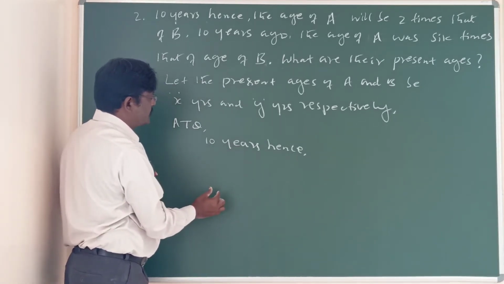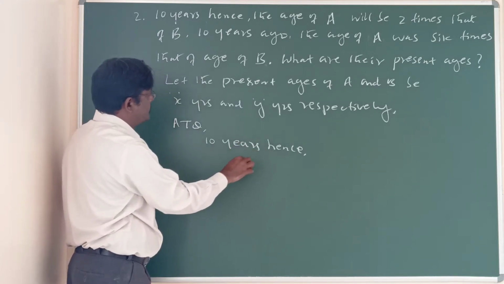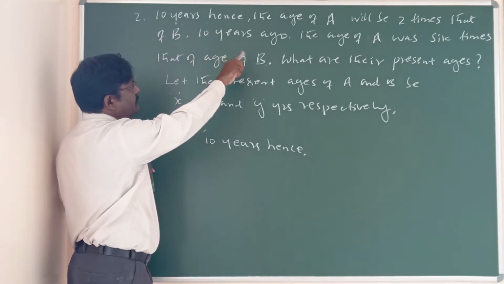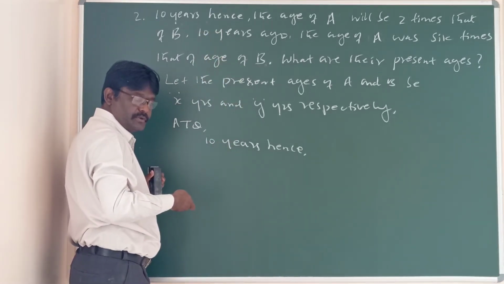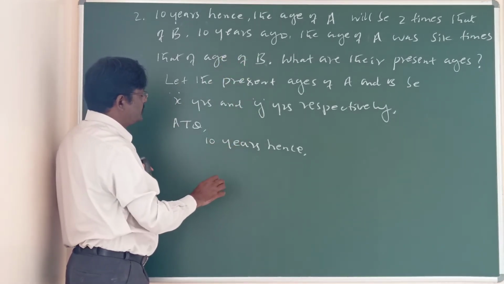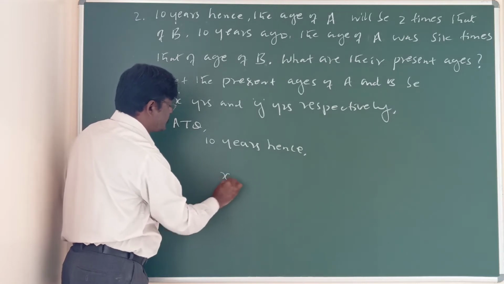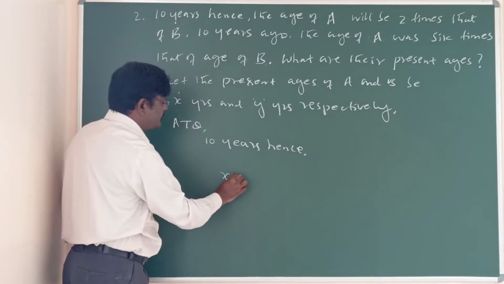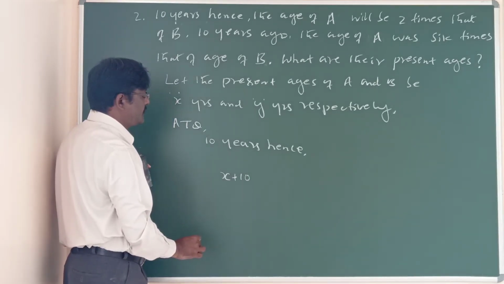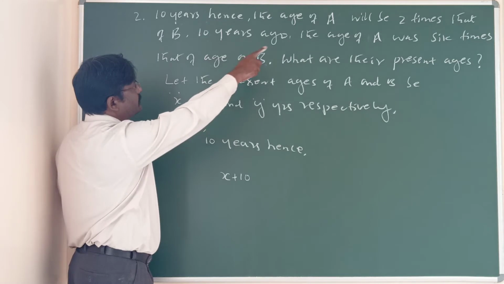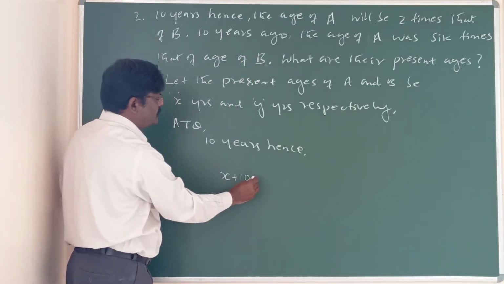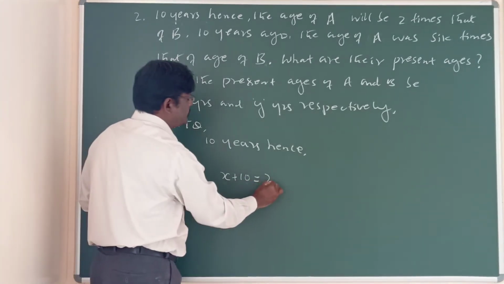According to the question, 10 years hence, the age of A, at present what is the age of A? x. 10 years hence means after 10 years, the age of A will be x plus 10.